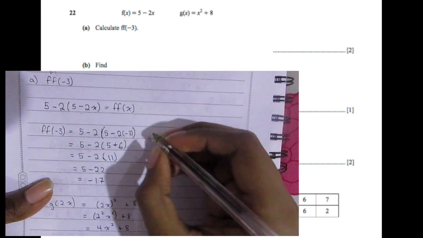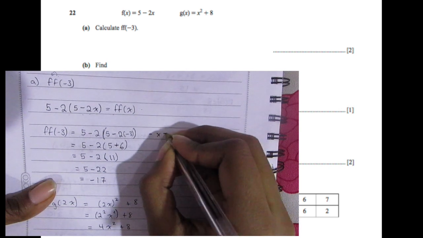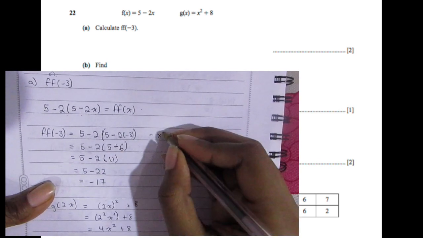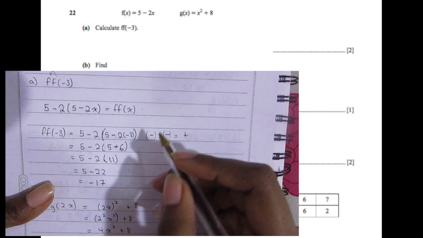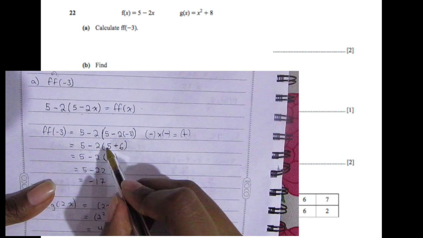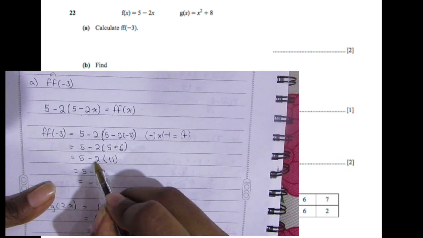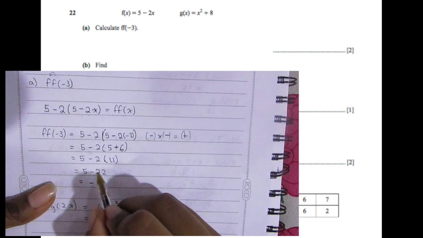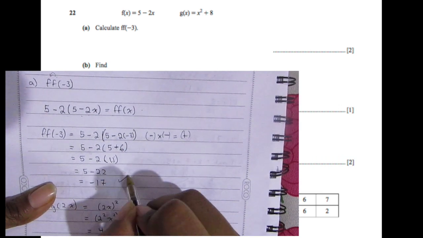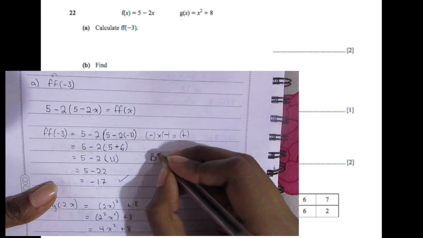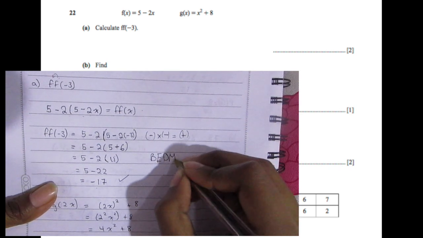Negative times negative equals a positive. So 5 plus 6 is 11. Then negative 2 times 11 is negative 22. 5 minus 22 is negative 17. Again, BODMAS. Don't forget that.